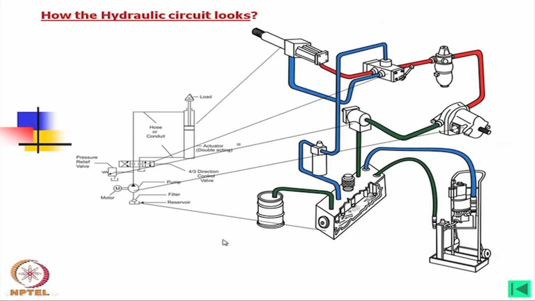Now, in the next slide I have presented how the hydraulic circuit looks. This is also again not a photographic view, rather this is drawn by computer graphics. Compared with this, the actuator looks somewhat like this, and then this is the directional control valve, then this is the pressure relief valve, this is the pump and this is the reservoir.